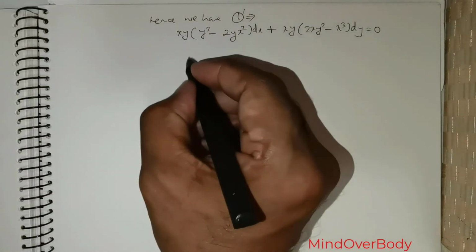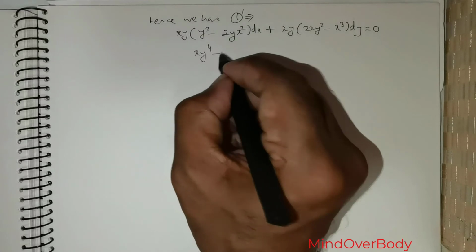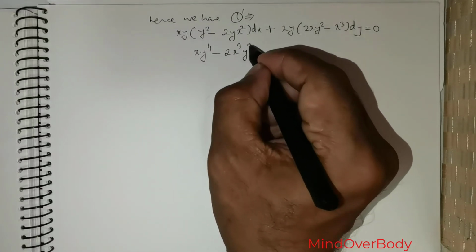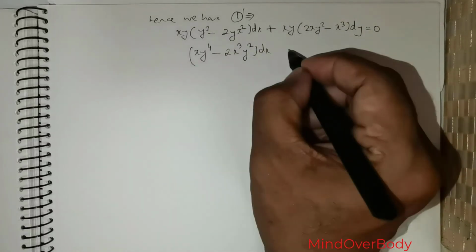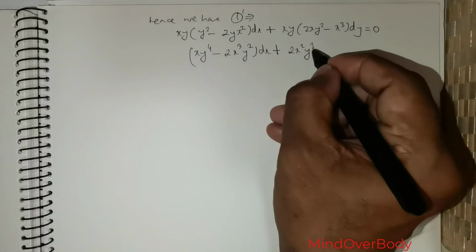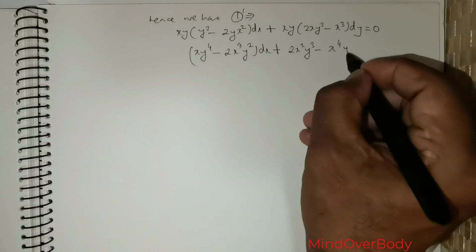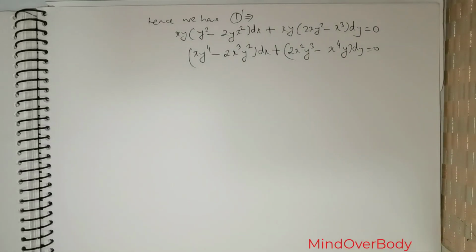So you have to multiply this out, you get x y to the power of 4 negative 2 times x to the power of 3 y raised to the power of 2 times dx positive 2 times x squared y raised to the power of 3 negative x raised to the power of 4 times y times dy is equal to 0. So this is what you've got.